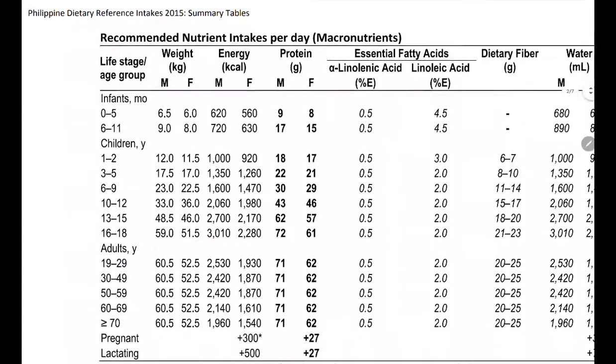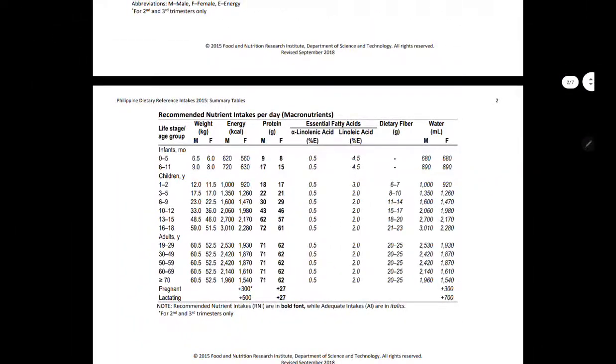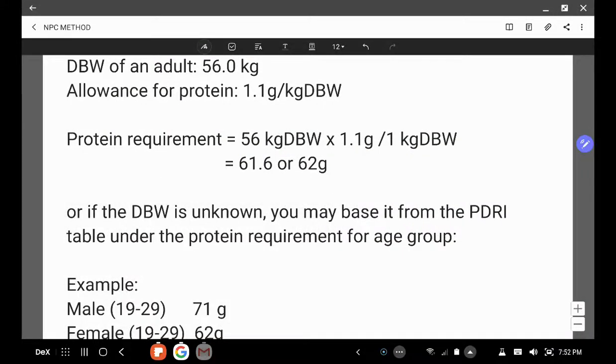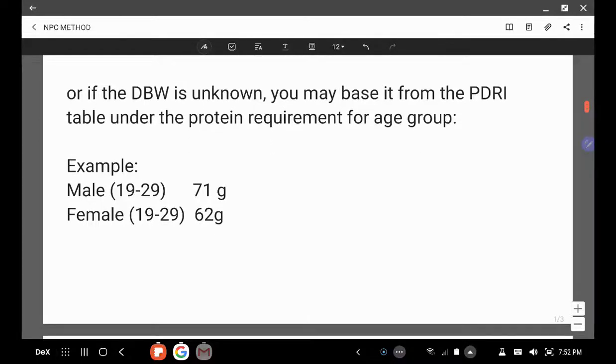If you can remember, this is the recommended nutrient intake per macronutrients. Based on the table, for the males belonging in the age group 19 to 29, the protein requirement is 71 grams, and for female belonging in the age group of 19 to 29, it's 62 grams.